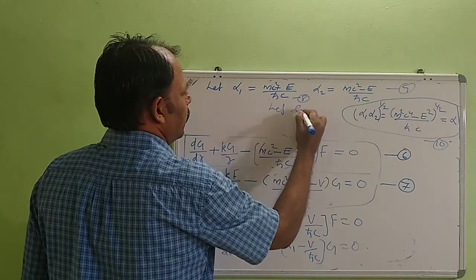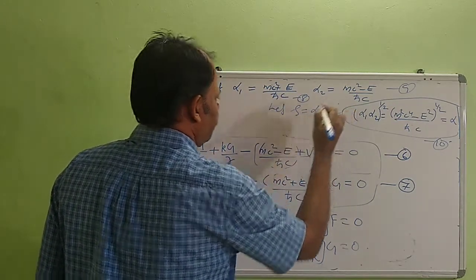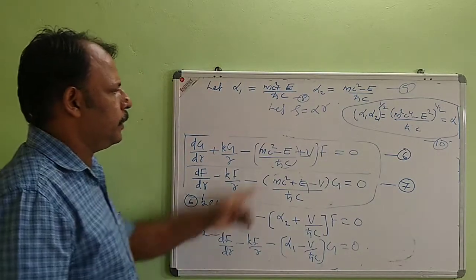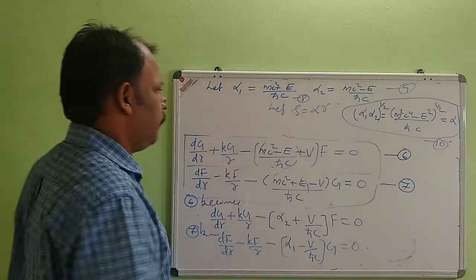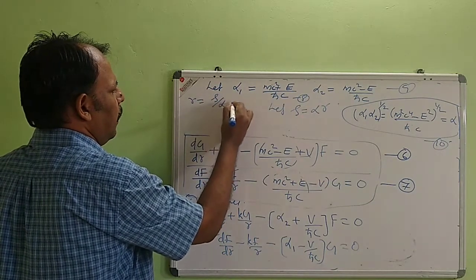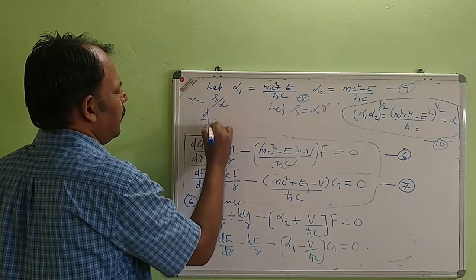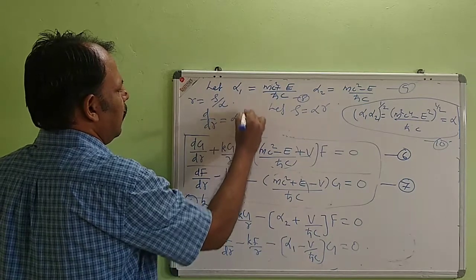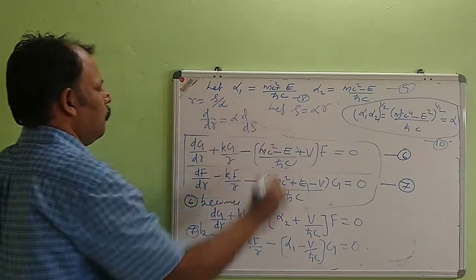Now we give one more substitution. Let rho equal to alpha r. If rho equal to alpha r, then r equal to rho by alpha. D by dr we can write as alpha into d by d rho.